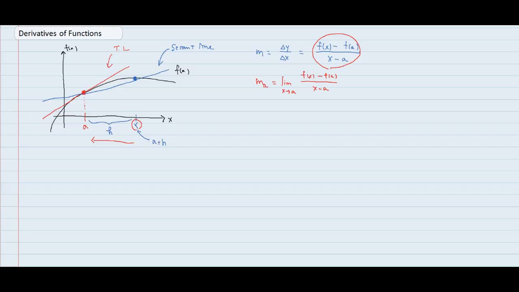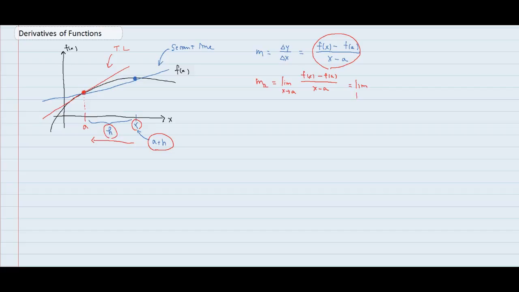Now I am going to write the same expression in a different way, and let's just use the expression a plus h to denote the value of x that's h units away from a. So now I can write the same exact thing as the limit as this distance h goes to 0. That's when x approaches a.